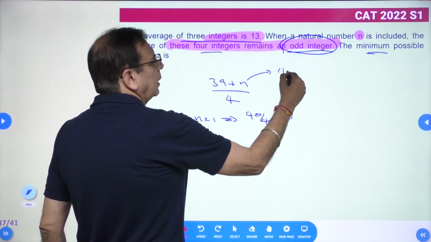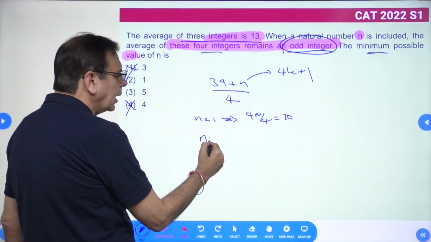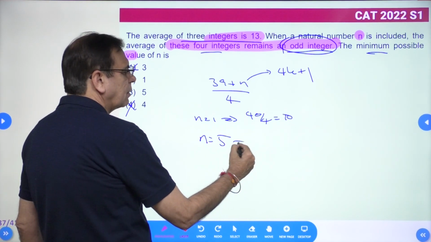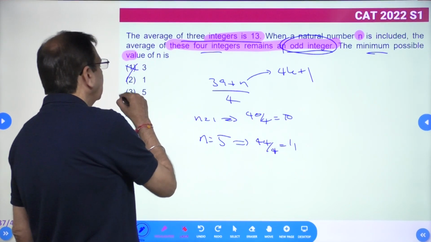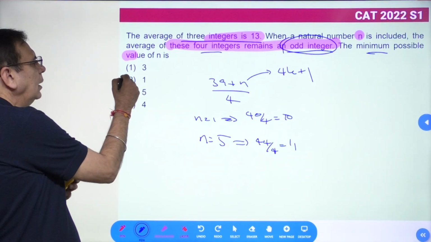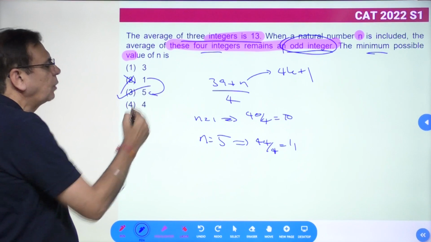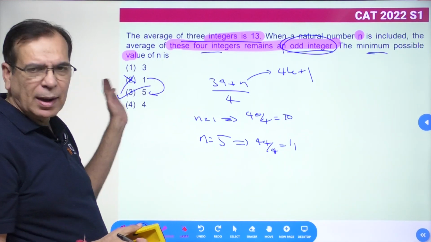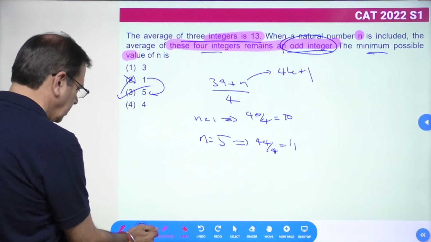N should be multiple of 4 plus 1. So n अगर 1 है तो मेरे को अगला क्या चेक करना है? 5. 5 का मतलब क्या हो गया? 44 by 4, which will be 11. That is the answer. So actually the moment you checked 1 गलत हुआ. The next should be my answer has to be 1 plus 4 equal to 5. इतना ही काम करना था. जो बेकार में बाकी काम किया ना, वो avoid करना चाहिए because that is nothing but a waste of time.